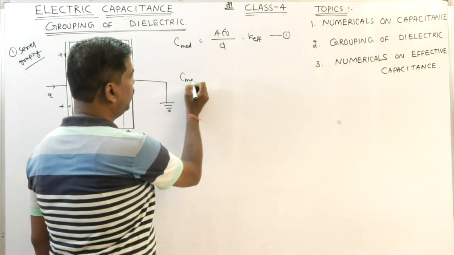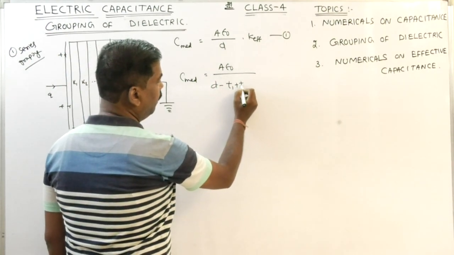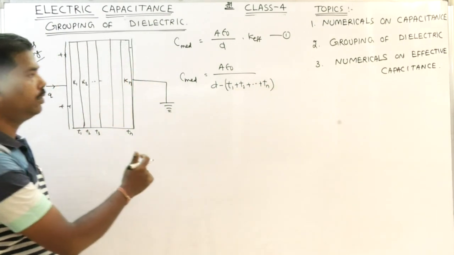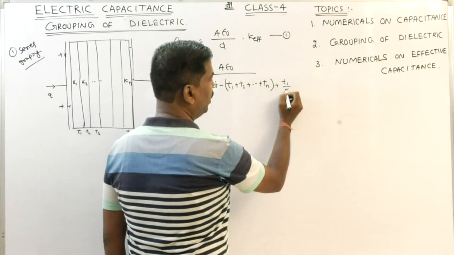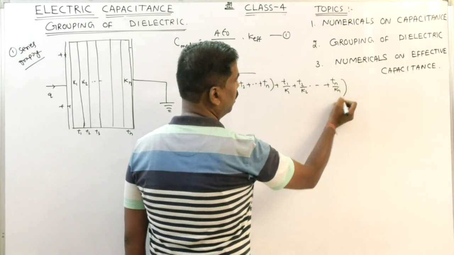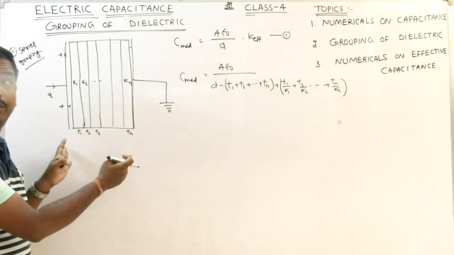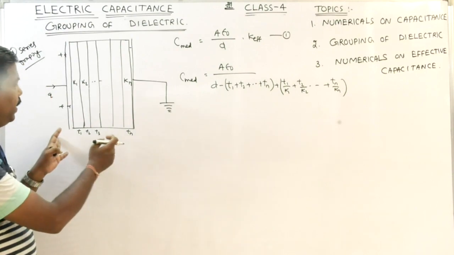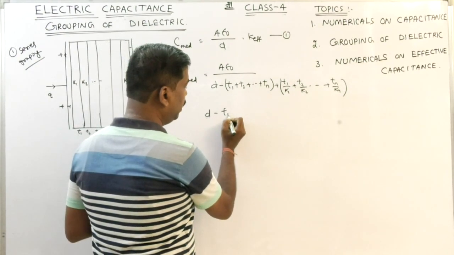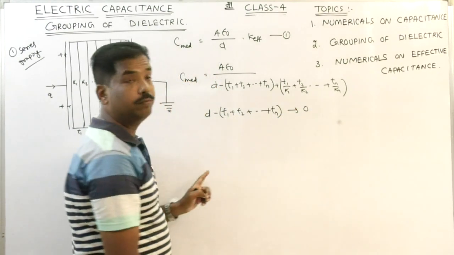Then the capacitance C medium is A epsilon 0 by D minus (T1 plus T2 up to Tn, the thickness of all the slabs) plus T1 by K1, T2 by K2 and so on, Tn by Kn. Clear? If the dielectric slab is completely replaced by air between the two parallel plates, then D minus (T1 plus T2 dot dot dot Tn) tends to 0.